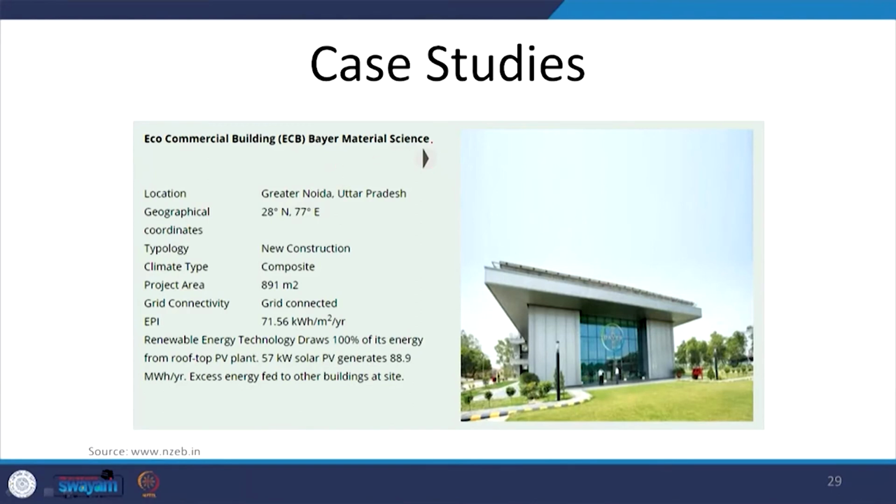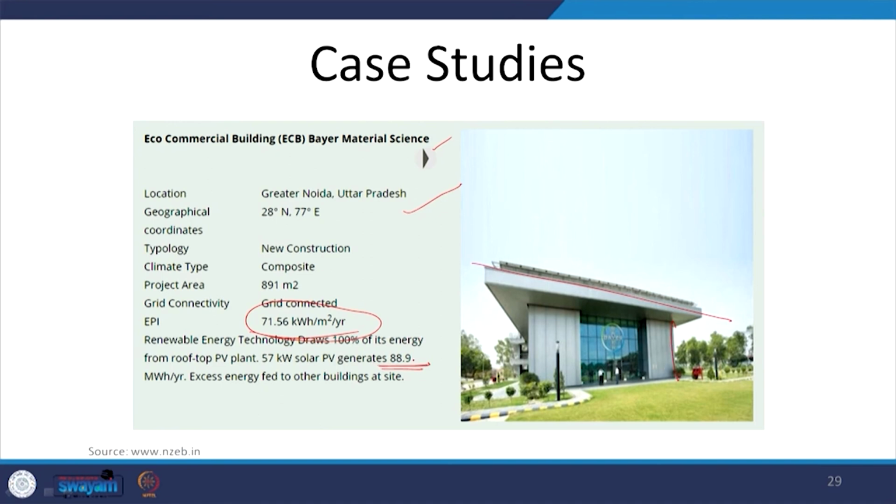Another building, which is an eco commercial building of Bayer Material Science, is in Greater Noida. It has an EPI of around 72 kilowatt hour per meter square per year, but with the help of the rooftop photovoltaic which is installed on its roof, it generates the equivalent amount of energy and a much higher amount of energy than what it consumes.